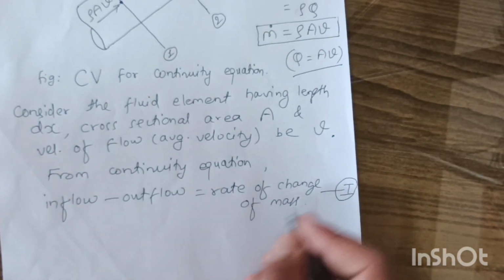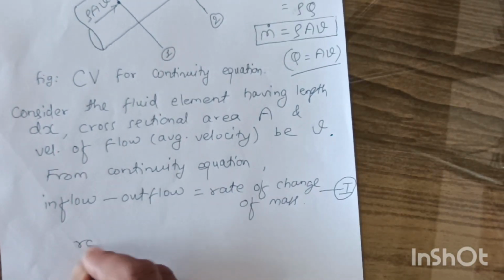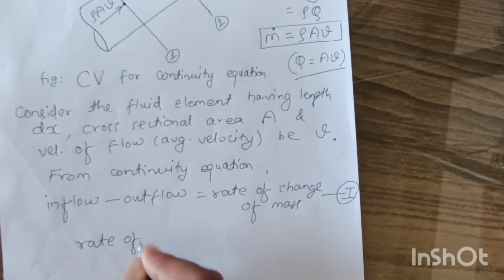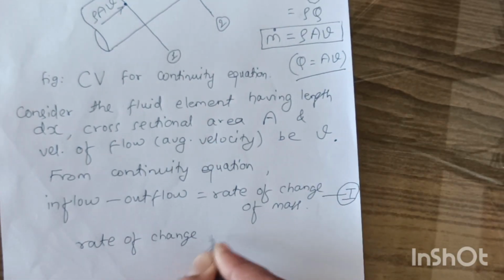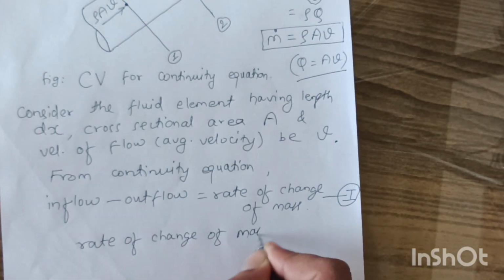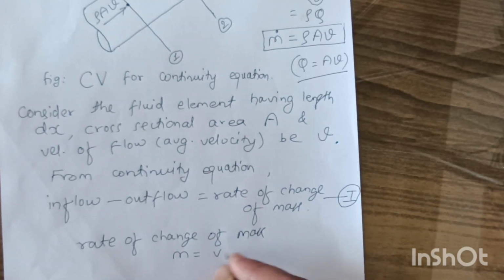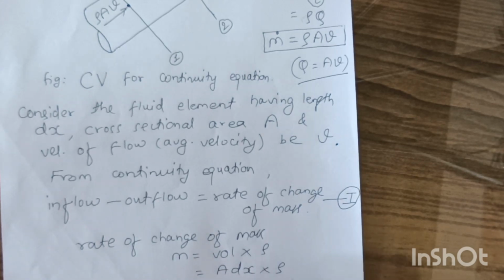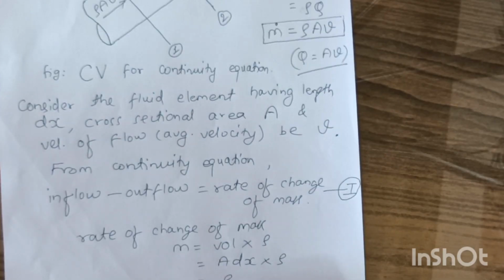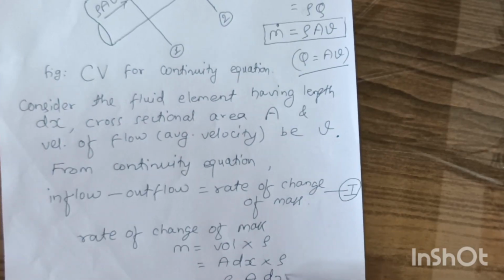So let's get the rate of change of mass. How can we get it? Mass is equal to volume into density. Volume is equal to area into dx. The volume is the cross sectional area A into dx, so rho A dx is the mass.